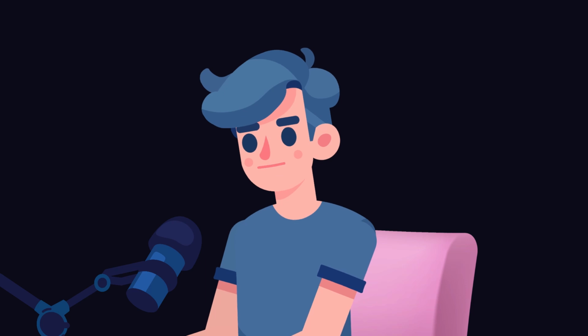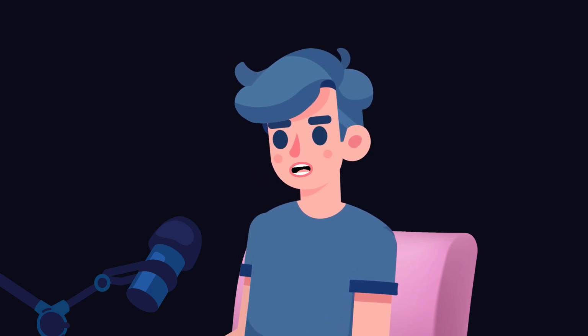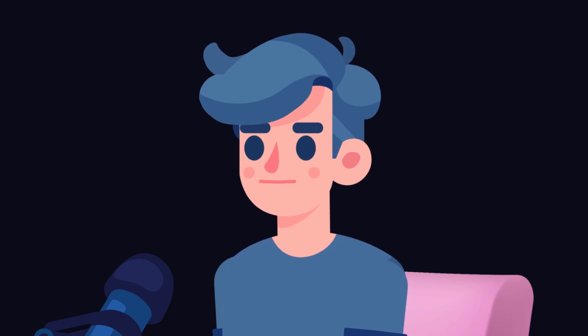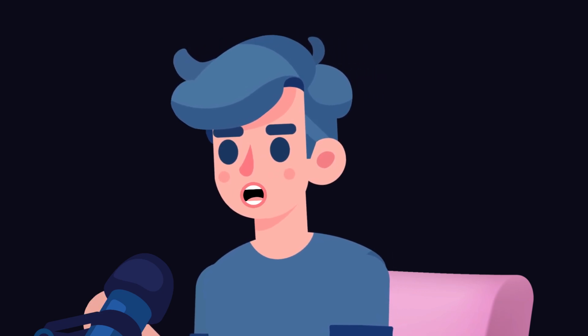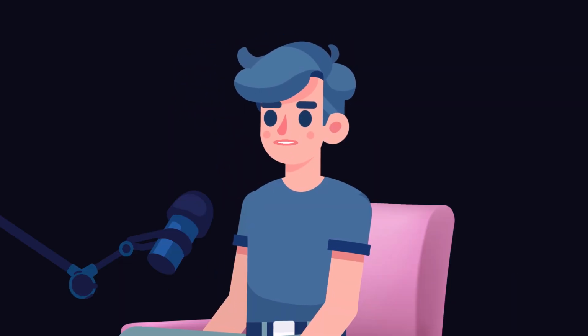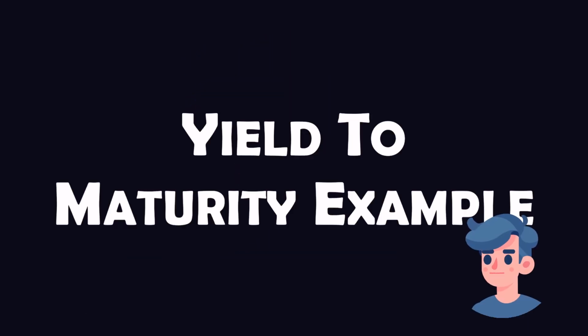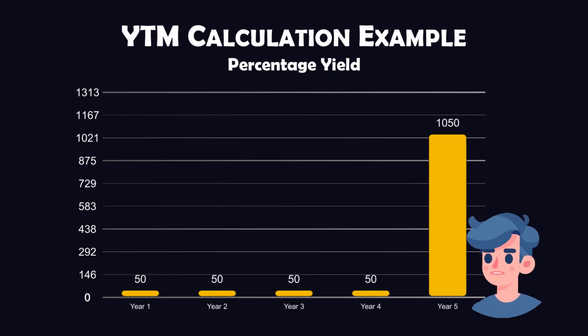For our example, let's assume we have all the necessary inputs: a bond with 5 years until maturity, an annual coupon payment of $50, a current market price of $950, and a face value of $1,000. For simplification, we won't walk through the entire math, but let's consider the YTM to be approximately 5.45%.